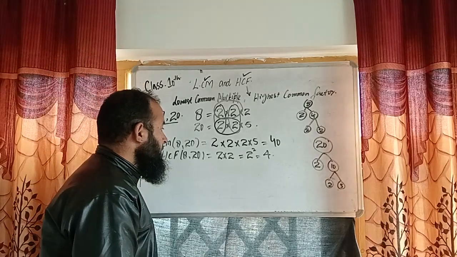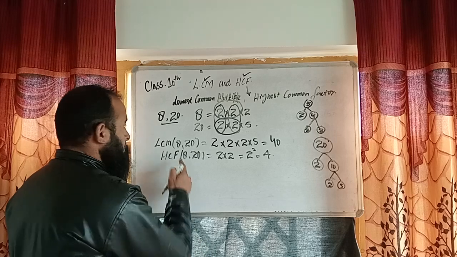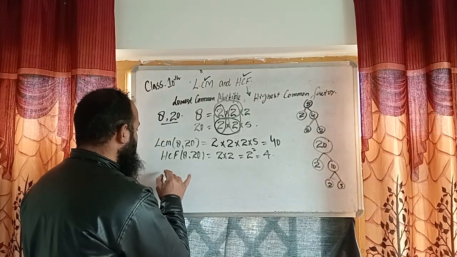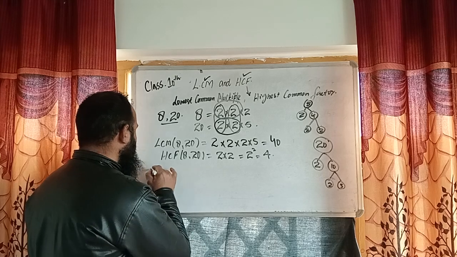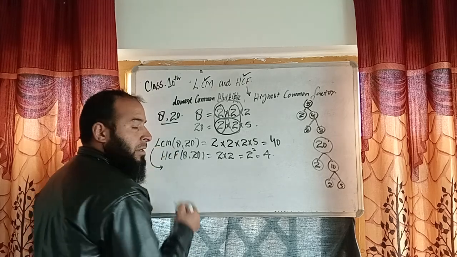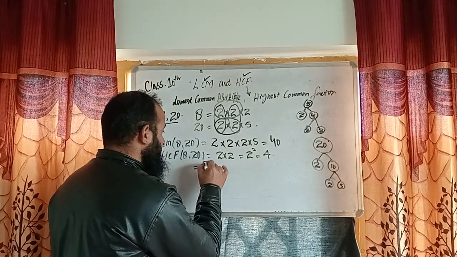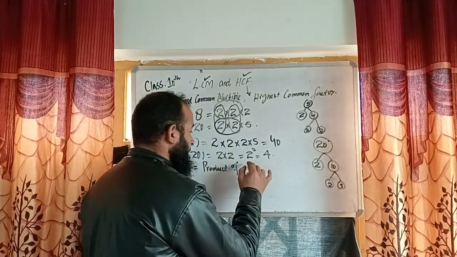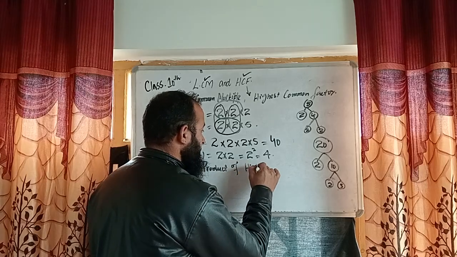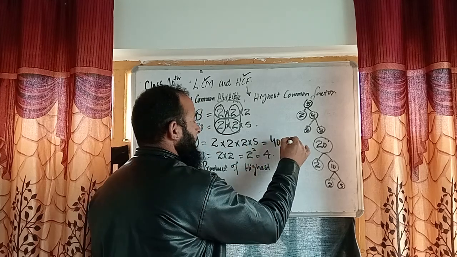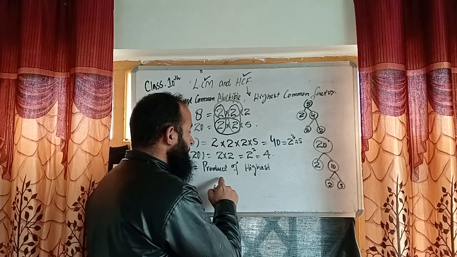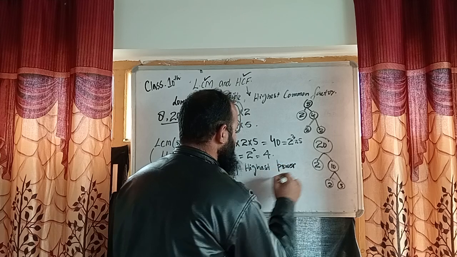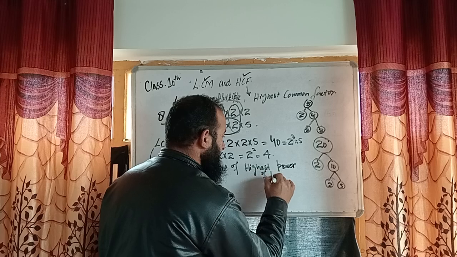Now see, if we look at this LCM, it is the product of the highest power of prime factors, because it can be written as 2 cube into 5.